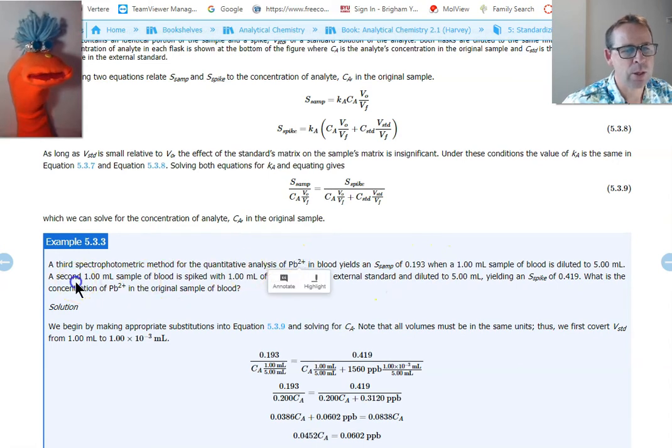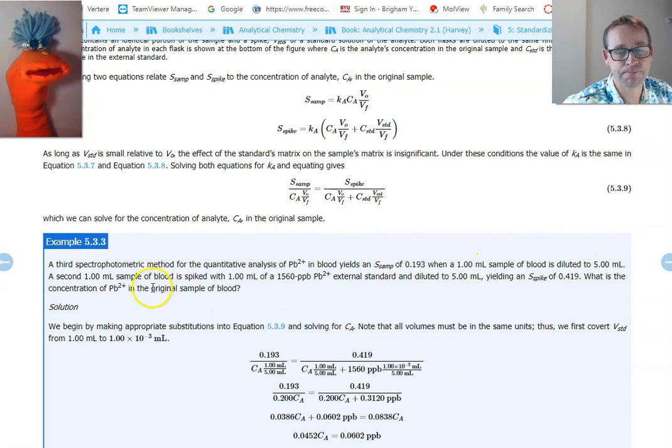Okay, so we have a sample of blood, and we're looking for lead ion in it. And the signal of the sample is 0.193 when 1 milliliter sample is diluted to 5 milliliters.